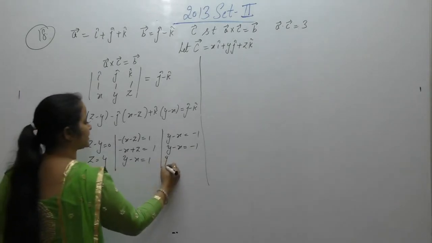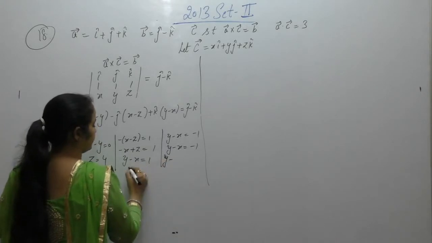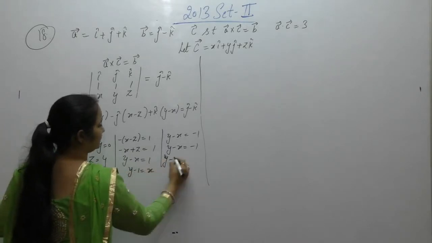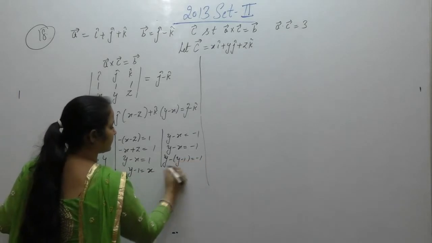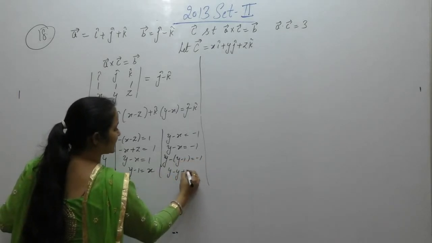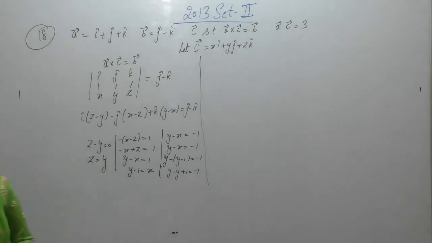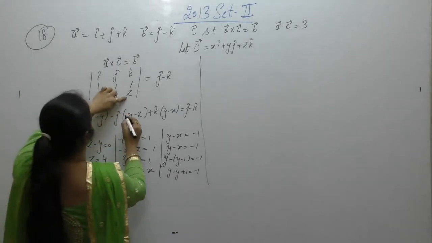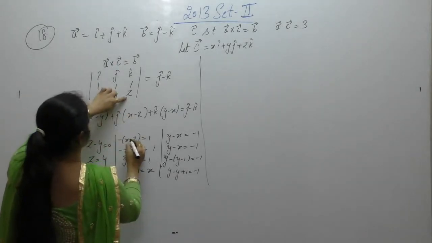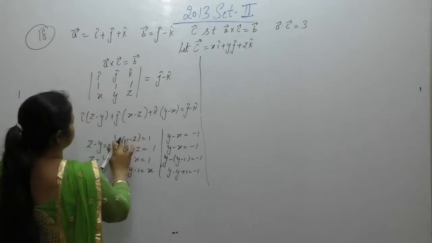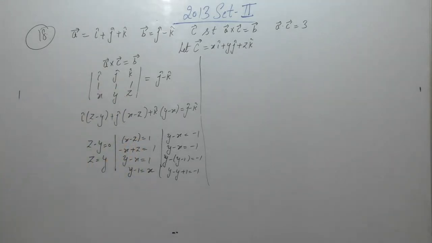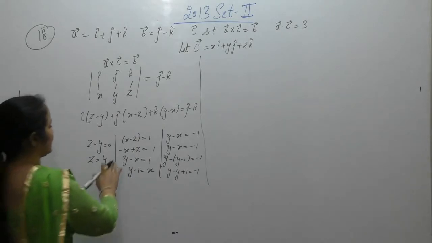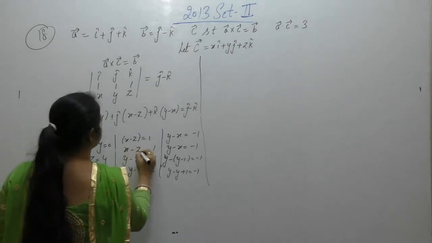Put the value of x here. So x is y − 1... Here we have x − z = 1.